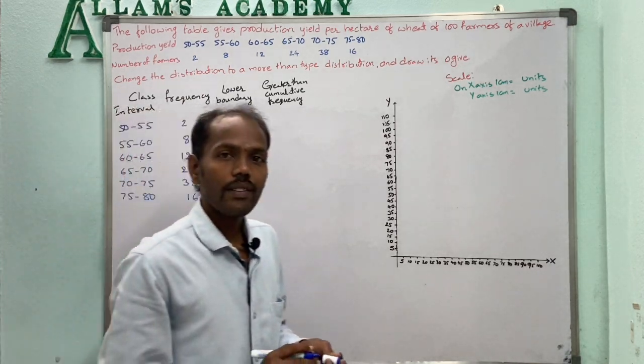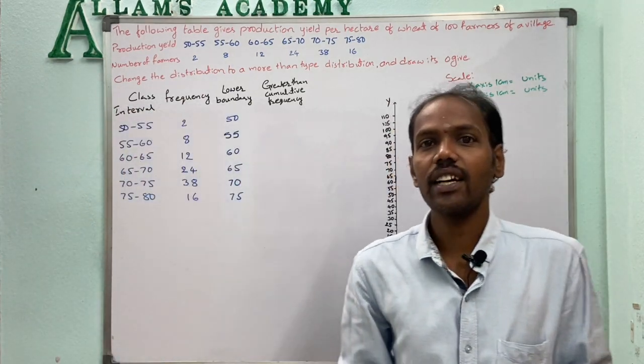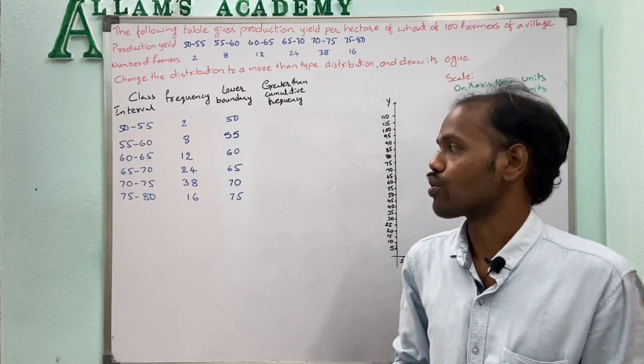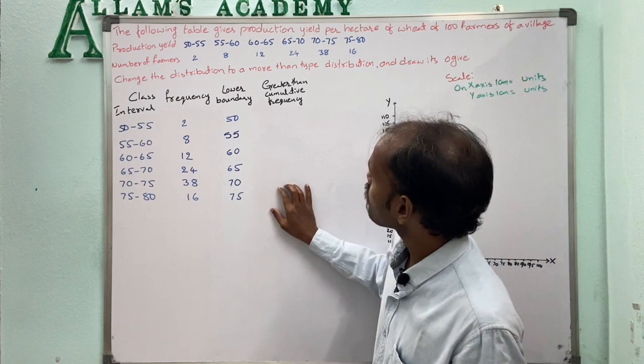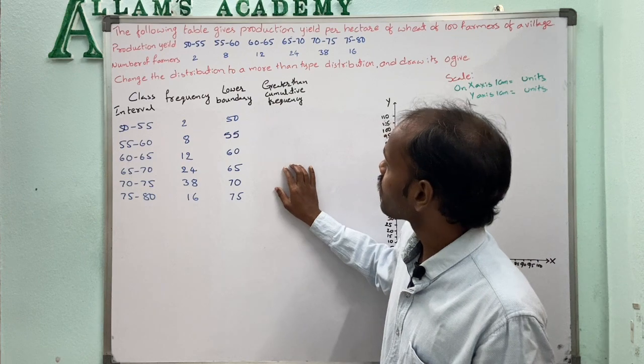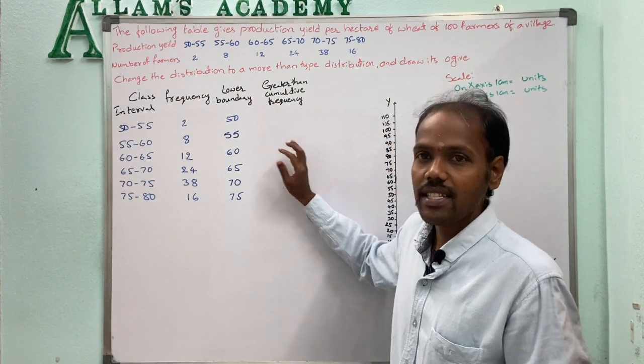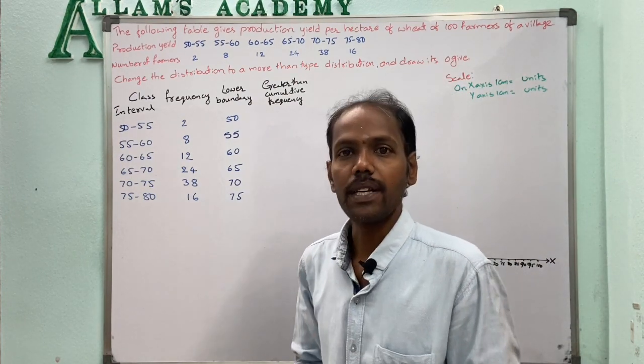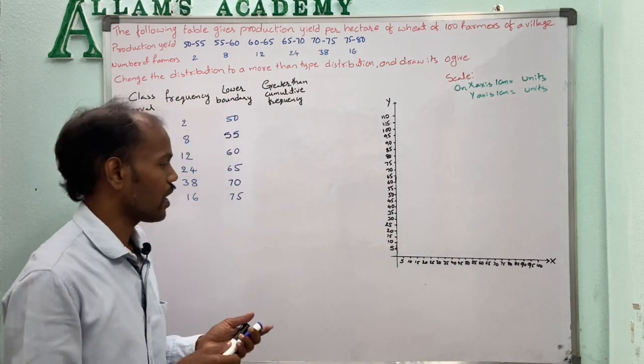For finding the greater than cumulative frequency, from the bottom to top we have to add the frequencies, and the sum is taken as the greater than cumulative frequency.